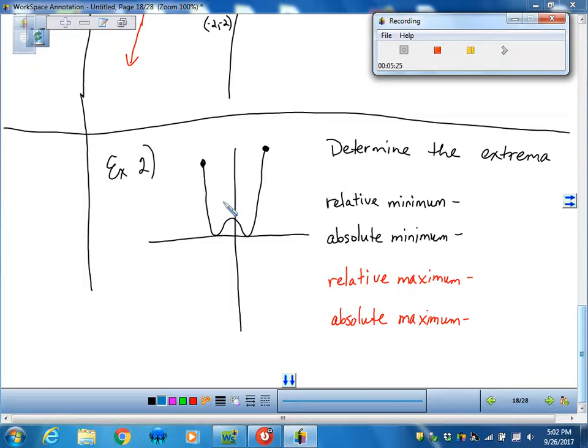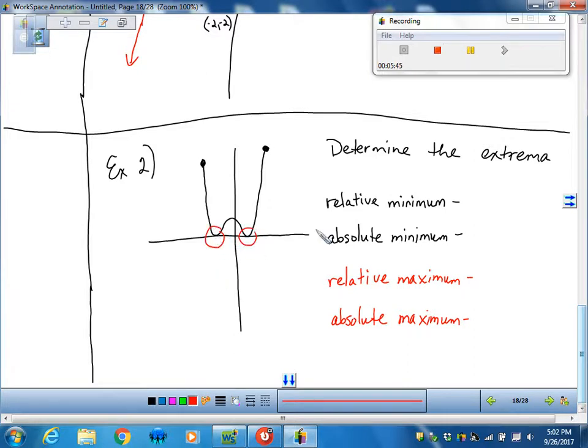Okay, second example, last example. Here we go. We want to determine the extrema of this particular graph. So let's start with our relative minimum. You'll notice that I have two areas where I have low points. This area right here and this area right here.